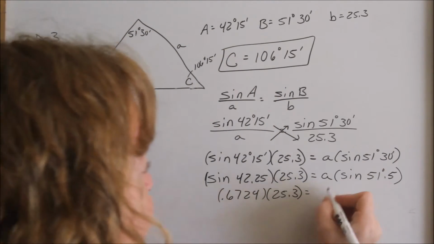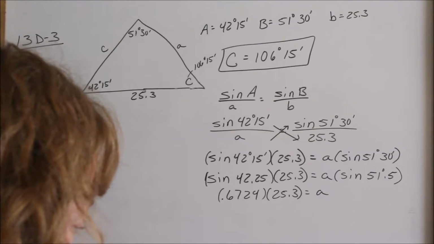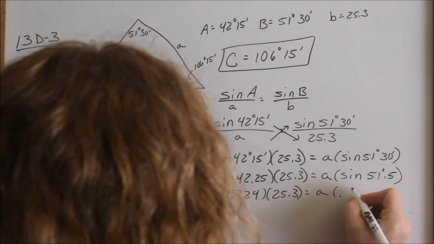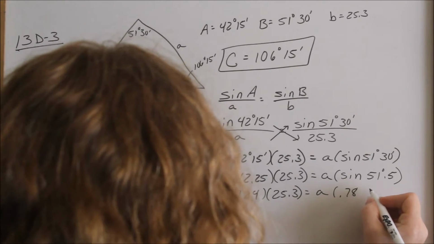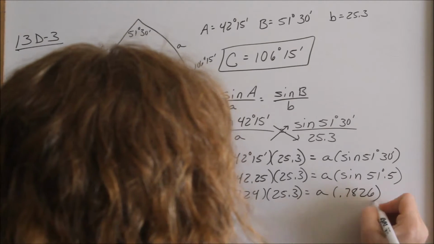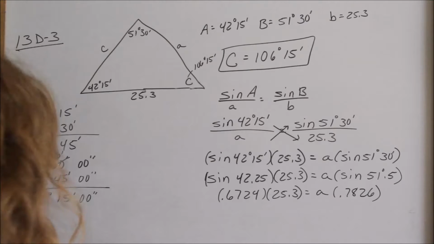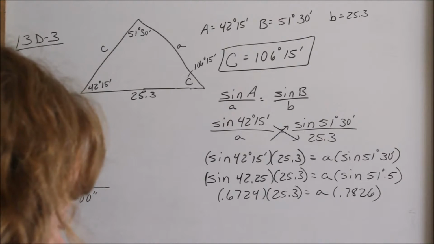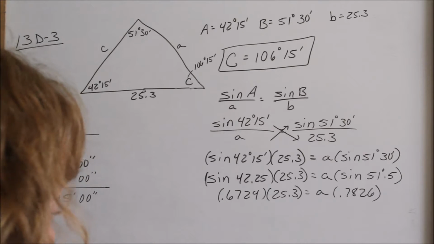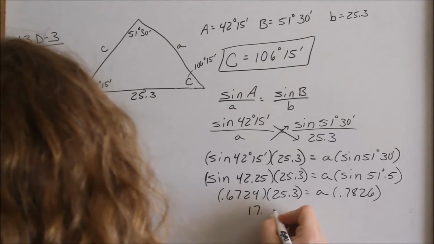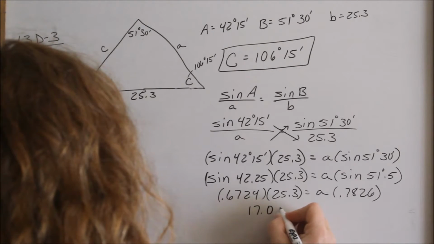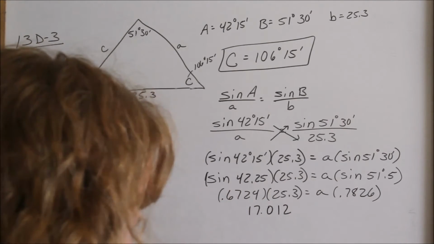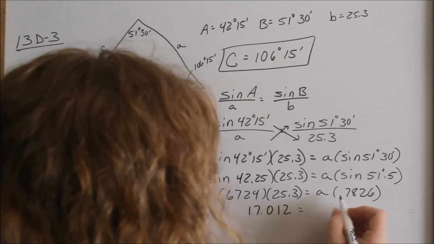So sine of that is 0.7826. Multiplying these two together, 17.012, whether you want to carry it to 2 or 3 decimals, whichever.